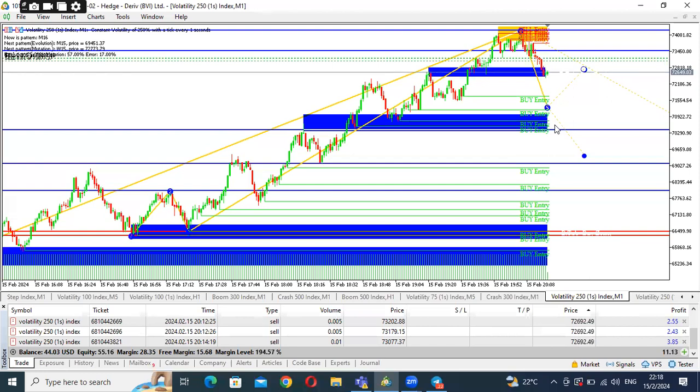Then we're going to add the position right there. There's a risk that we can take, guys. 0.01. Now let's not add position. Let's hold it like that.